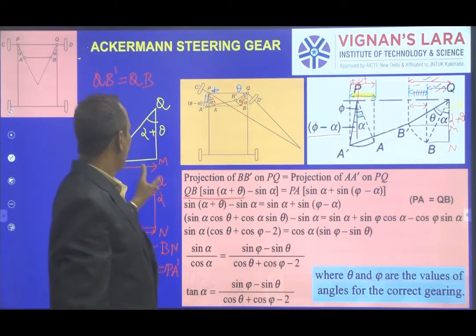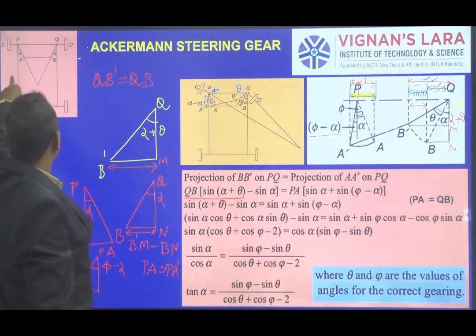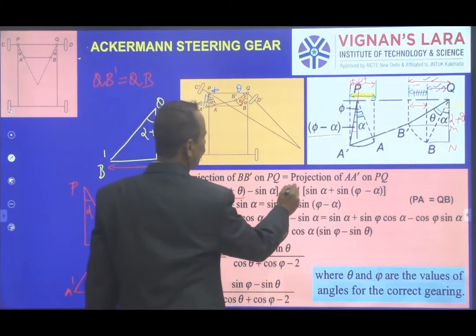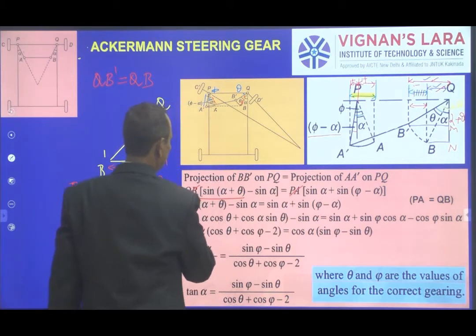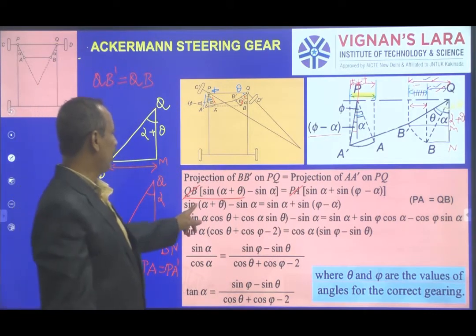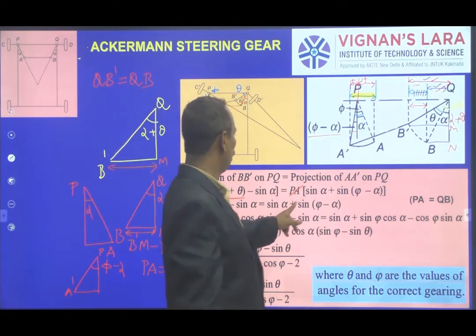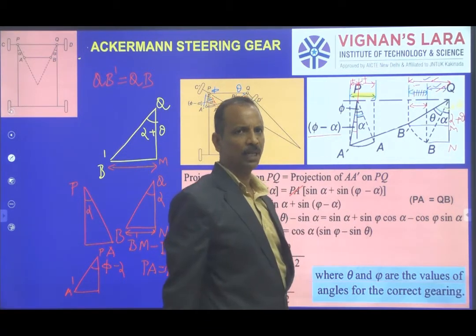Then as basically the PA and QB values are same, we can simply strike PA and QB. Then what is left? Sine alpha plus theta minus sine alpha is equal to sine alpha plus sine phi minus alpha.